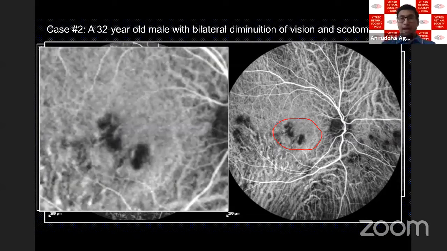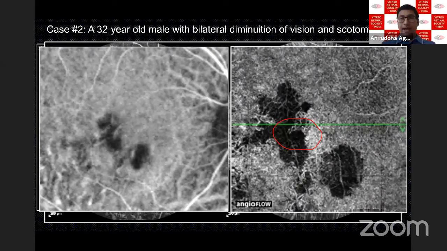And now this on your right is the OCT angio picture. And on the OCT angiography, you can clearly see this area of hyporeflectivity involving the choriocapillary slab. And you can actually delineate the involvement of the choriocapillaries much better on the OCT angio compared to the ICG.